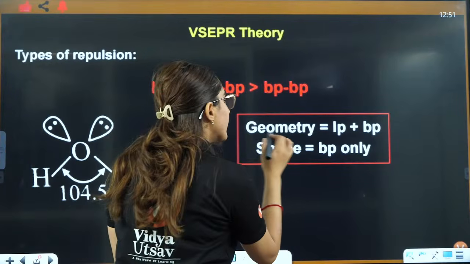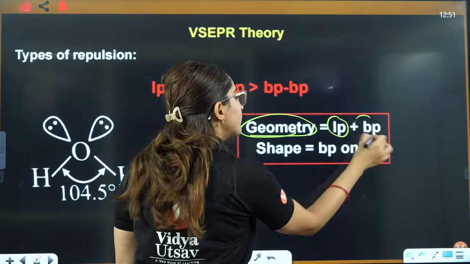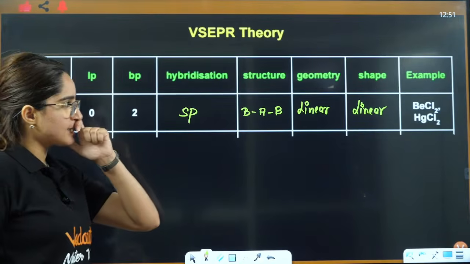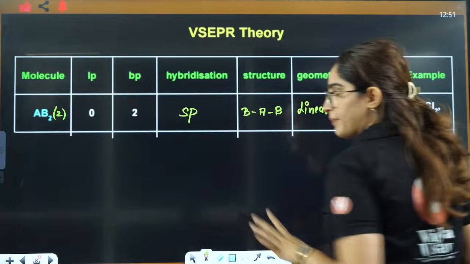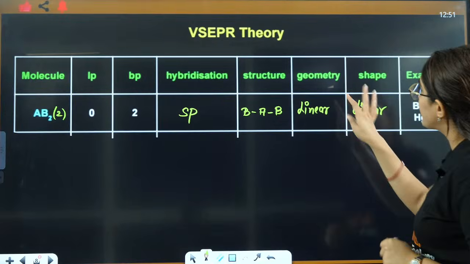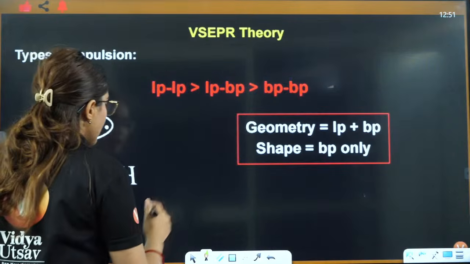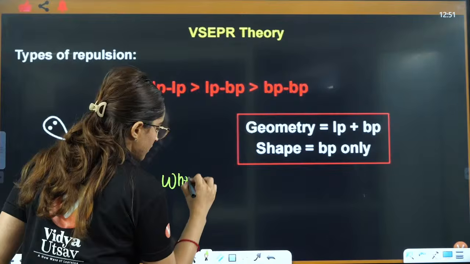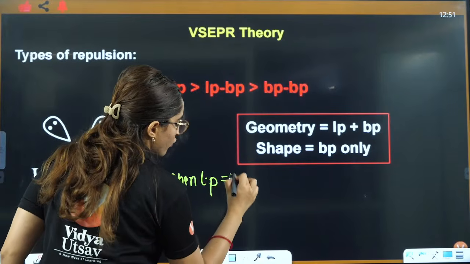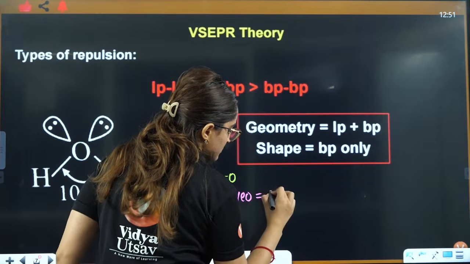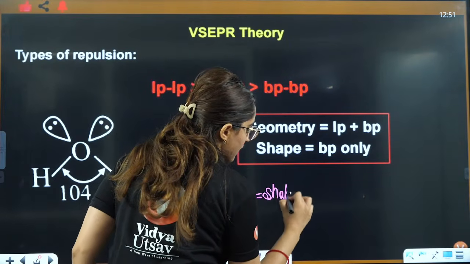Whenever I am talking about geometry, I am talking about lone pair plus bond pair. That means when the lone pair is 0, geometry and shape are the same. Geometry is equal to the shape.